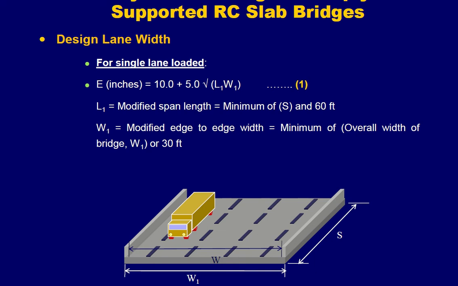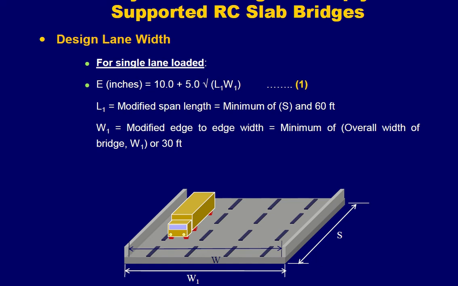So in this case, remember that the units are inches, E is equal to 10 plus 5 under the root L1 into W1. Now what is L1 and W1? L1 is a modified span length which is the minimum of S and 60 feet. What is S? You can see from the figure that this is the longitudinal length. So if S is greater than 60, you have to take 60. If S is less than 60, you have to take S.